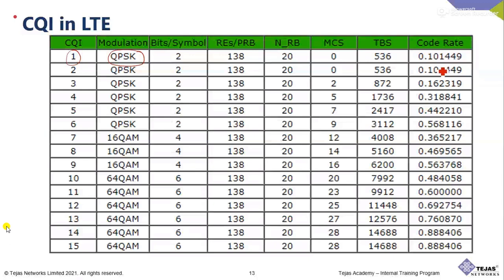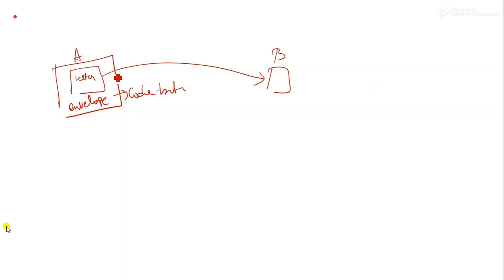Now this envelope is like a code, a cover to actually protect your actual bits, right? This is called coded bits, and this is your actual data. So the more protection you put, the more it will be protected, and you will get the actual data at the receiver.